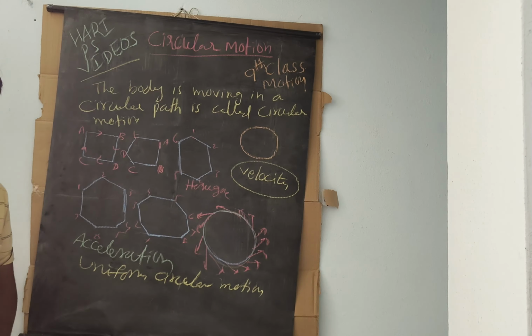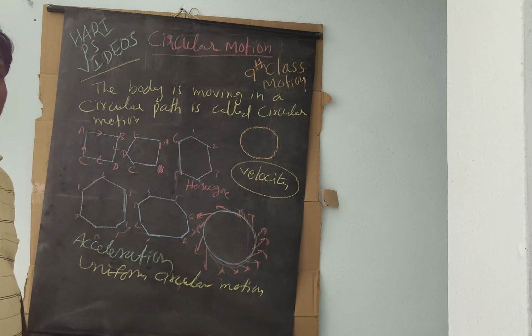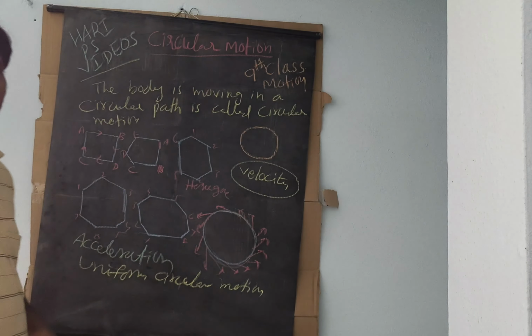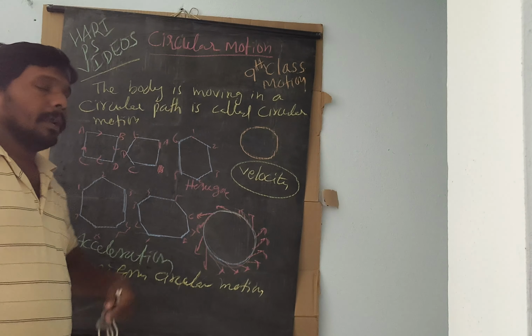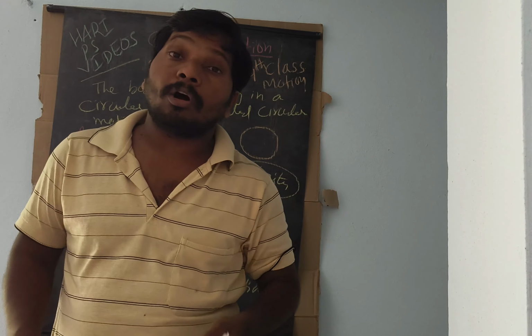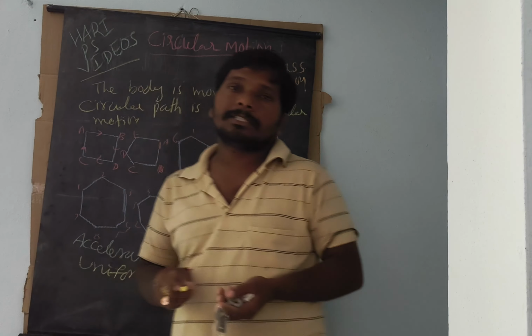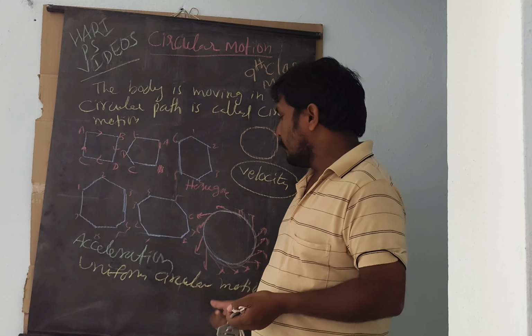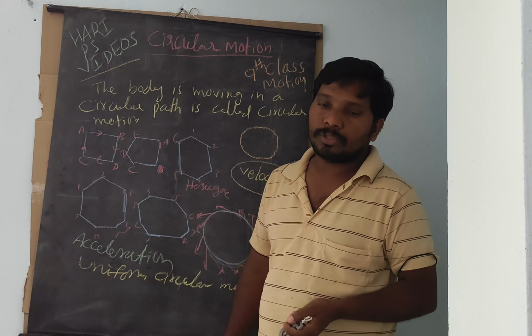Uniform circular motion means that if a body is moving in a circular path, its direction changes continuously, but it has a constant speed. Such kind of motion is called uniform circular motion.